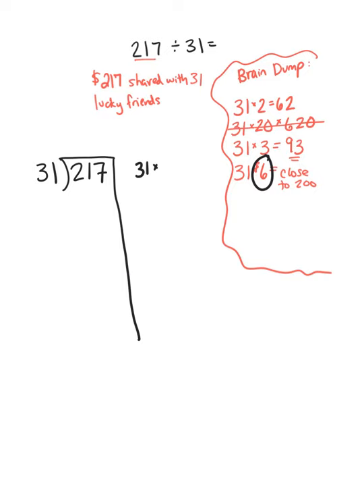So I'm going to begin by giving each one of my 31 friends $2, and when I'm done doing that, I will have shared $62. So I'm going to subtract my partial quotient of 62 to see how much money I still have left to share.